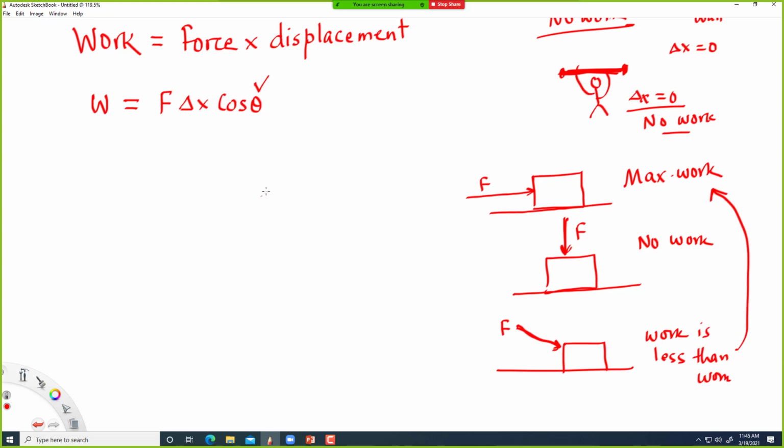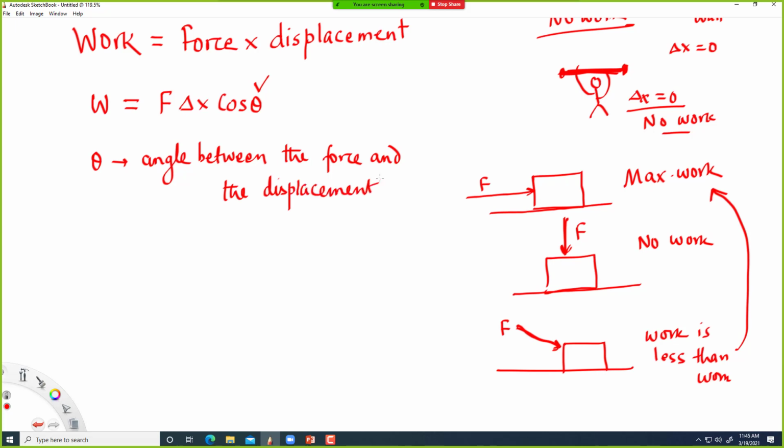So this theta is the angle between the force and the displacement. Let's say the block is displaced in this direction, and then you pull it this way, force.